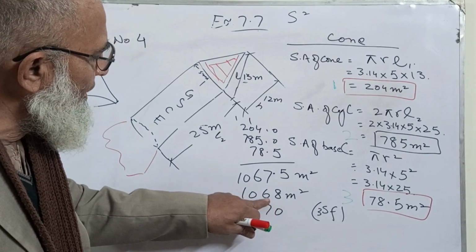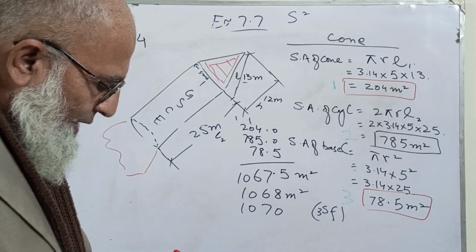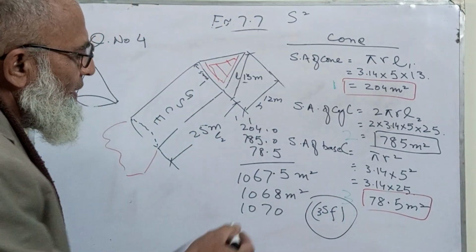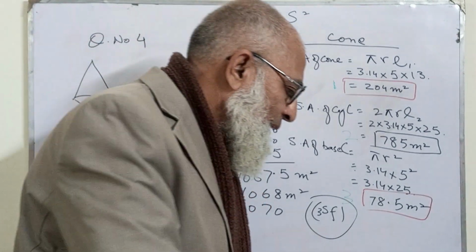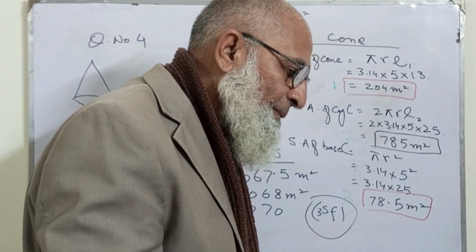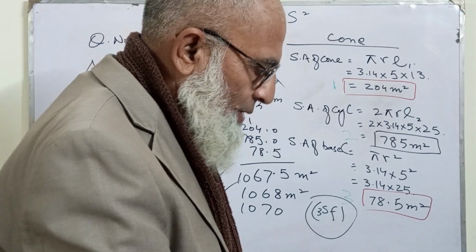So this will become 68, will become 70. No matter, it doesn't make any difference. But if you are not asked to do this, you can take this answer as well. It is not mentioned over here, but even then your book has done it.